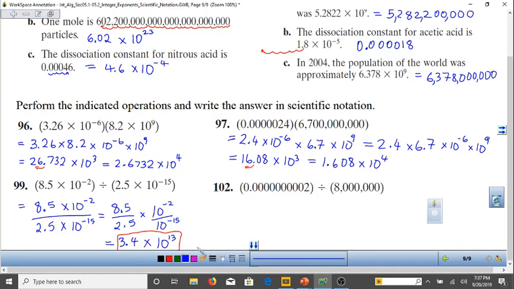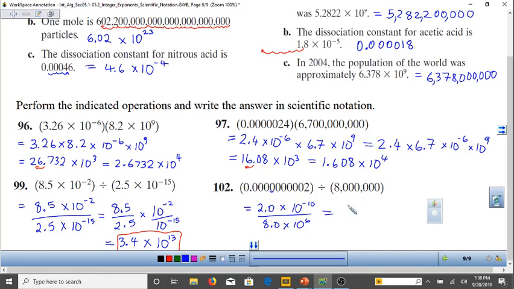In this last example here, I'm going to rewrite that in scientific notation. I go 1, 2, 3, 4, 5, 6, 7, 8, 9, 10. So it's 10 to the negative 10 divided by 8.0 times 10 to the positive 6.